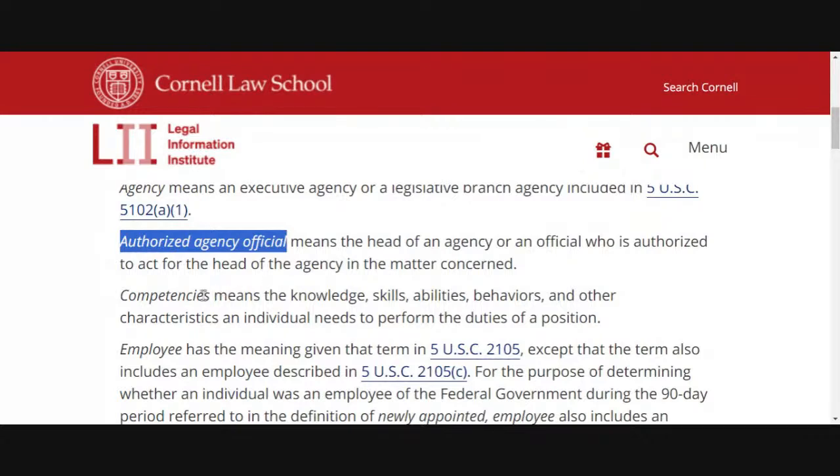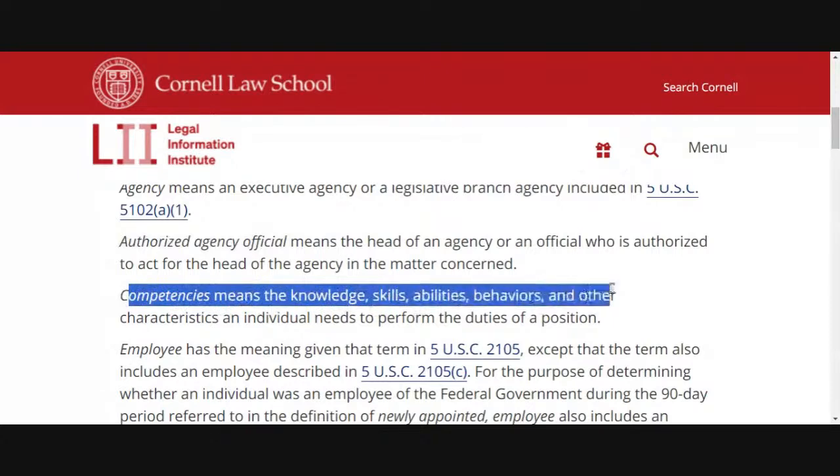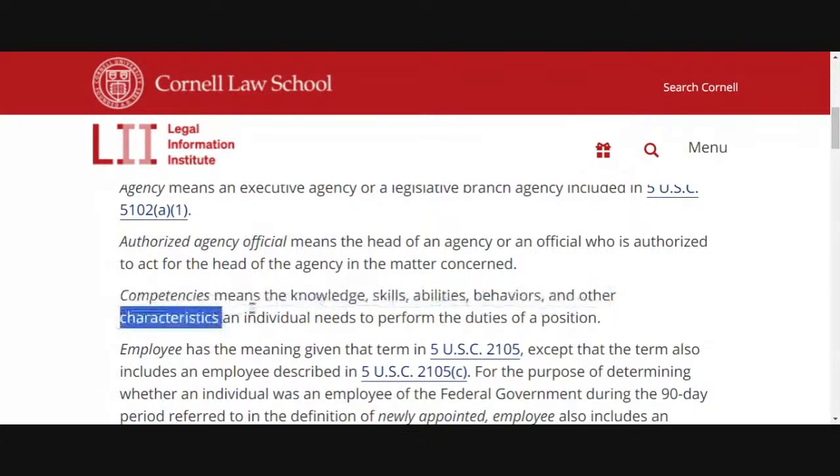Competencies means the knowledge, skills, abilities, behaviors, and other characteristics, personalities, an individual needs to perform the duties of a position, and not an ad hominem. Do not let them disposition you by calling you names. You are not the name.